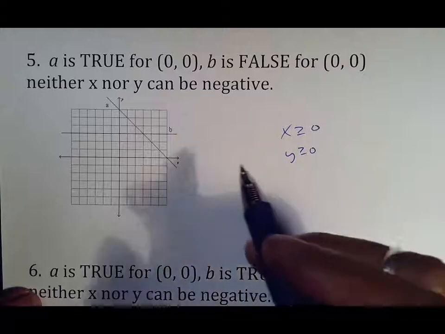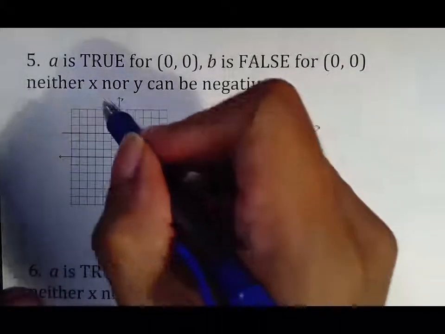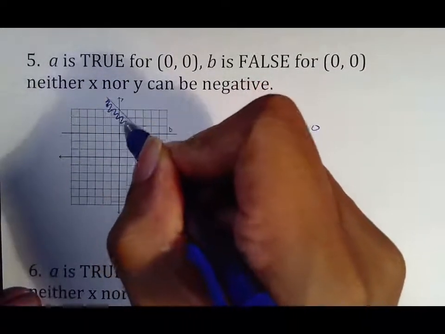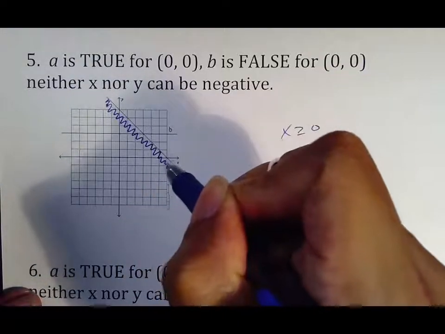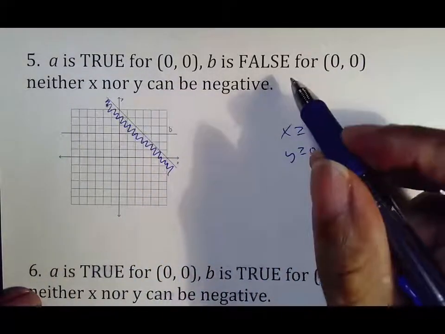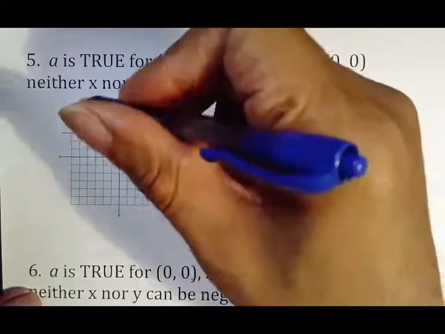So with that said, A is true, which means we're going to go towards. B is false, which means we go away.